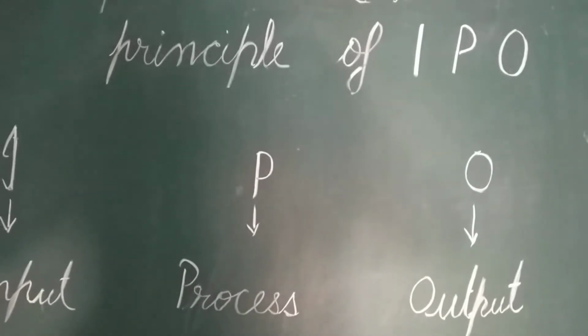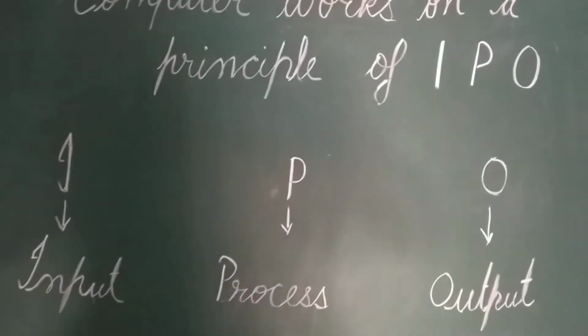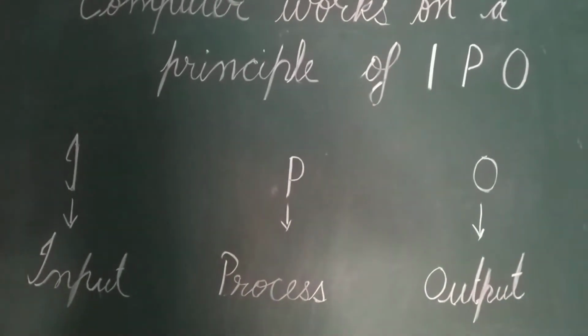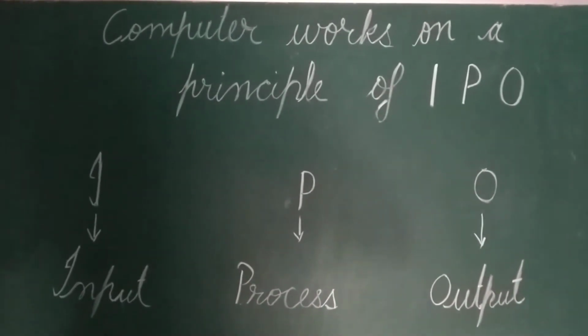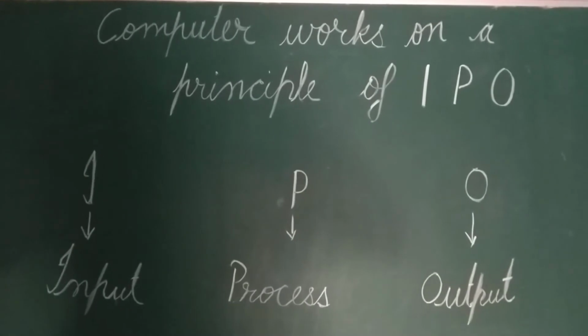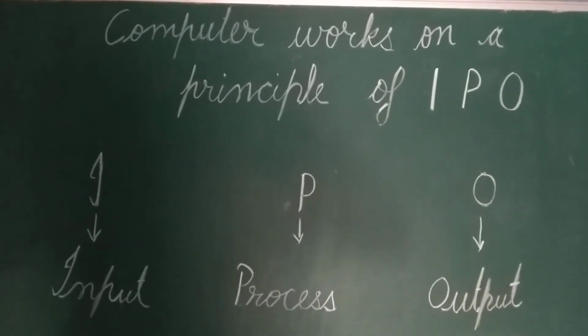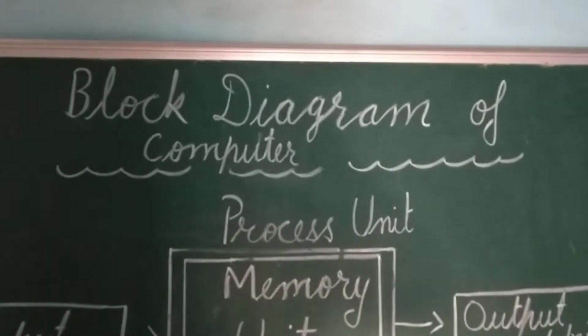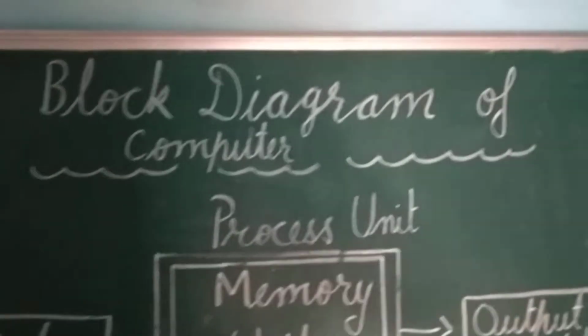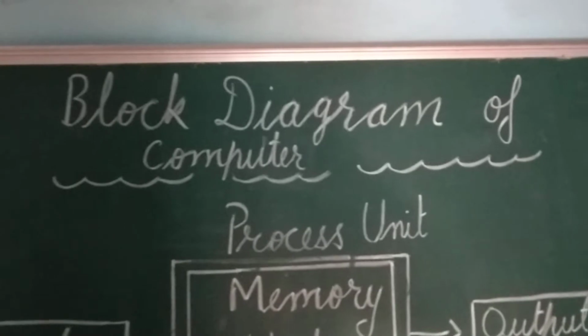Got it? Computer works on the principle of IPO, meaning input, process, and output. When we elaborate this IPO principle, we will get the block diagram of computer. So, here is our block diagram of computer.